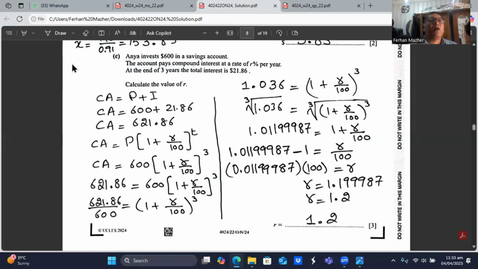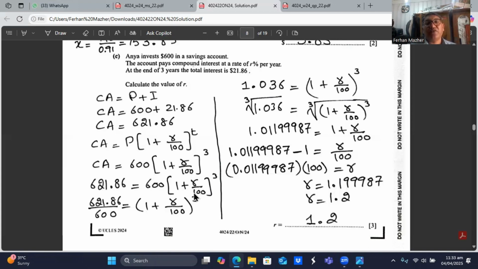You know, the compounded amount is equal to P times (1 plus R divided by 100) raised to power T. Because the rate is per year, the time will be taken in years. T means the cycles. So 600 is the initial value, times (1 plus R by 100) raised to power 3. So 621.86 divided by 600 equals (1 plus R divided by 100) raised to power 3.